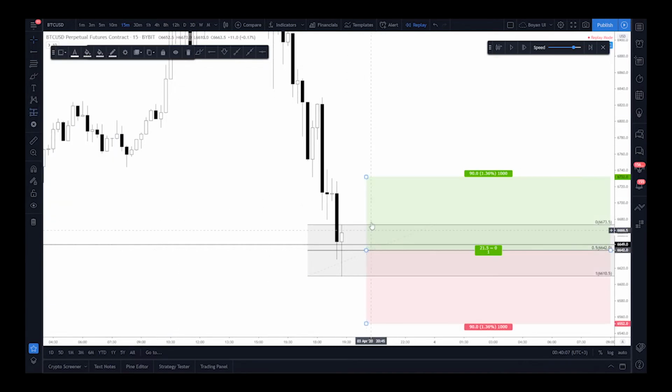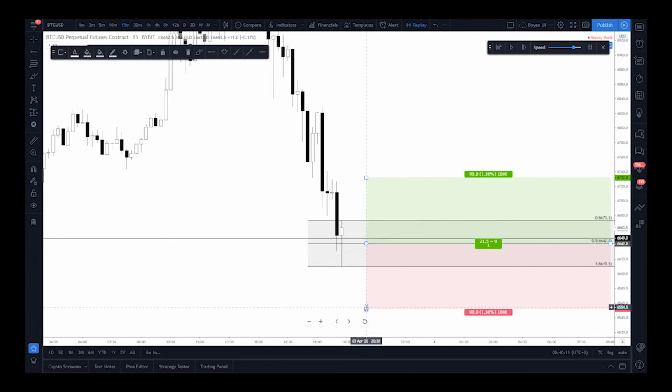We enter at 50% and the invalidation is around, in our case, just a little bit below. It is around $6,606.